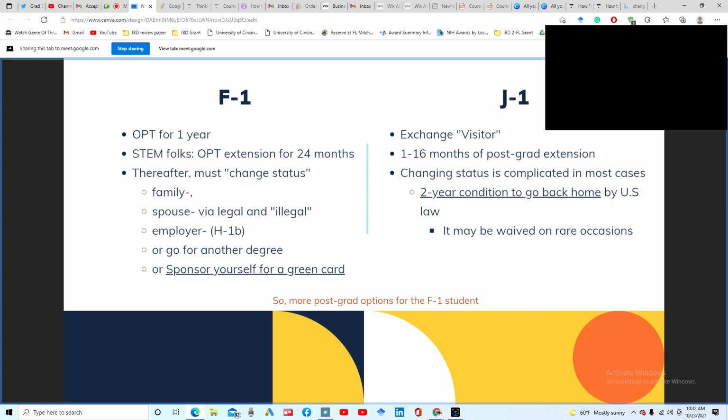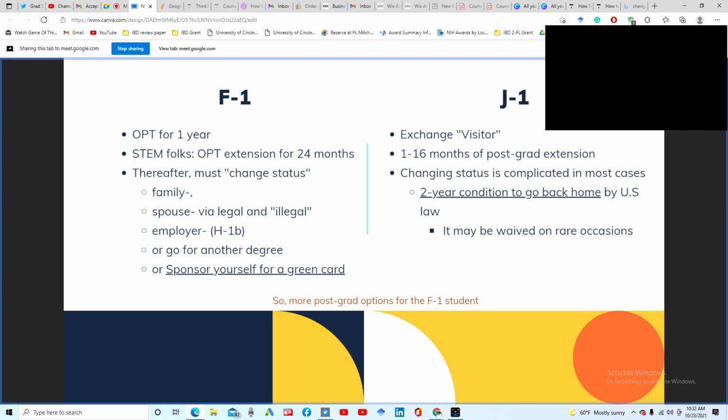Now, for the J1 visa students, they are called exchange visitors. They are labeled visitors even by law. So the most common post-grad extension that you can have, it's not even an extension, but in most cases you can get up to 16 or 12 months. But the common thing is after you're done, they expect you to leave the US in 30 days.